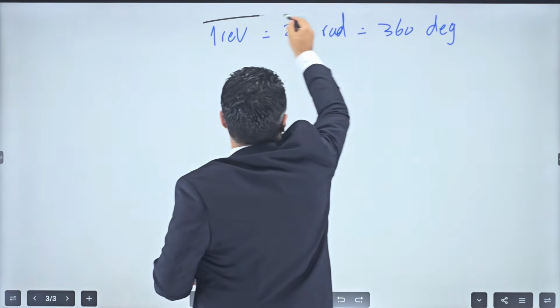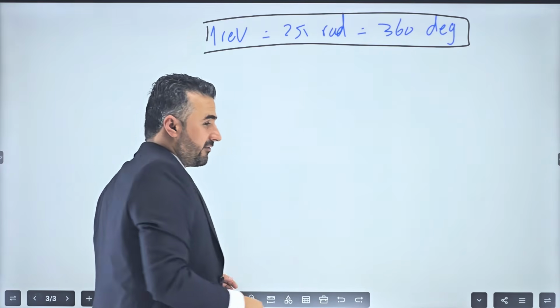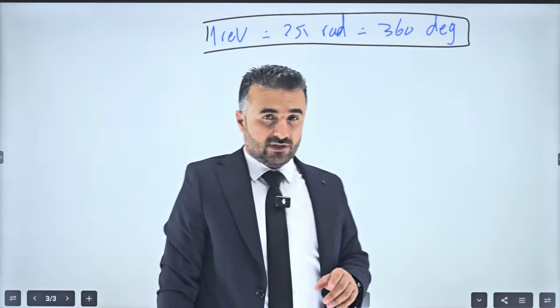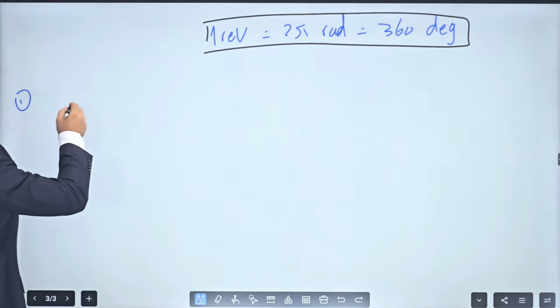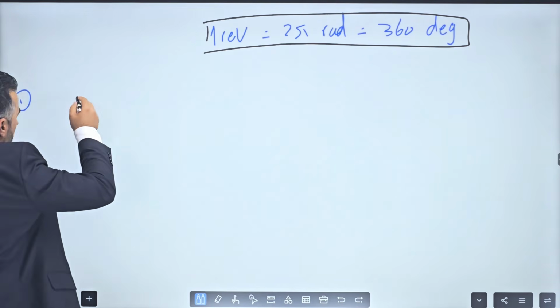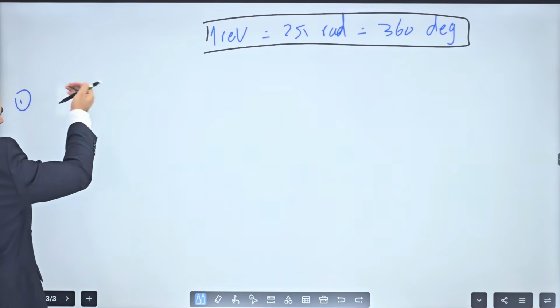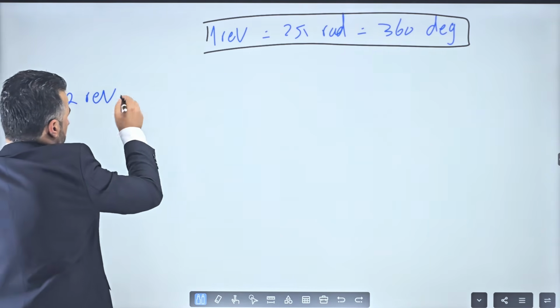Now, I need you to remember this because we're going to need this here in order to convert the angles from one form to another. So let's start with this one here. Start something easy, let's say. Let's say we are going to convert 2 rev to radian here.